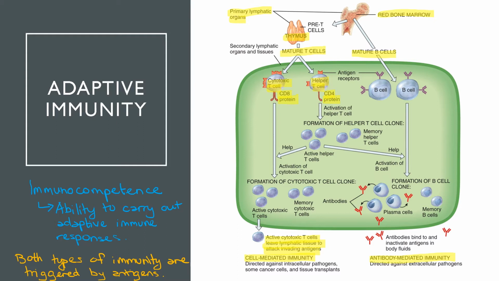On the other hand, in our right column where we have antibody-mediated immunity, B cells up here are going to transform into plasma cells, which will synthesize and secrete specific proteins that we know as antibodies. I guess they're labeled here too. So this is where the antibodies will bind to antigens.